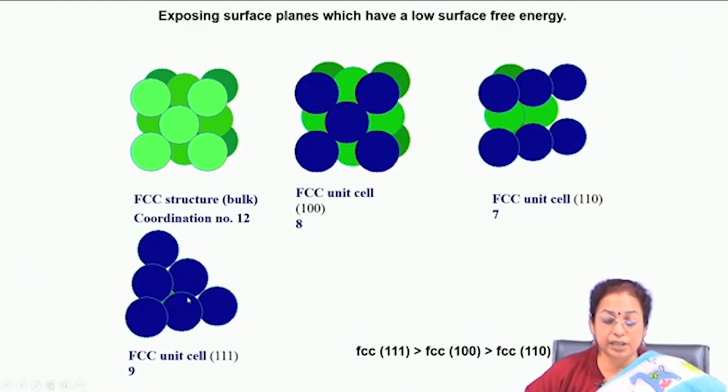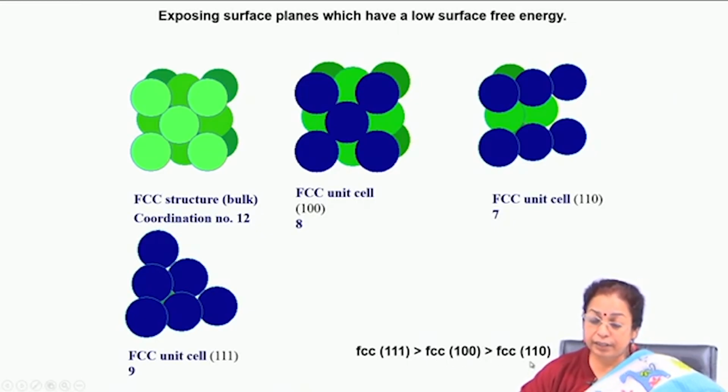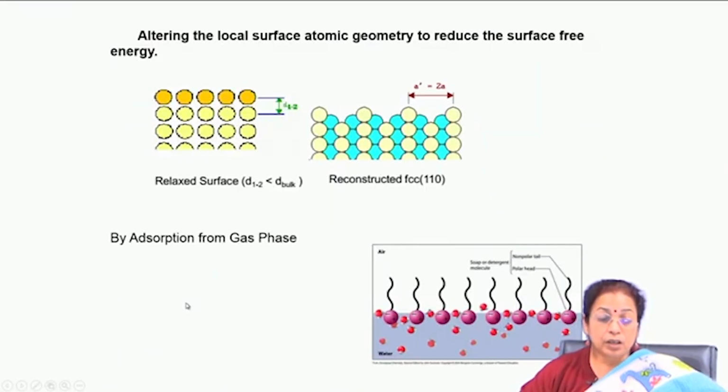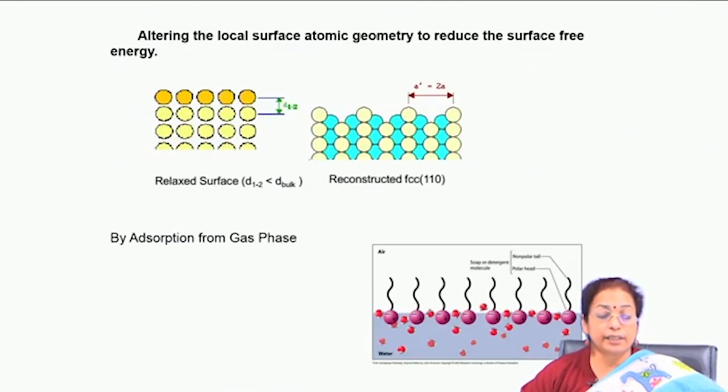So, if you categorize the surface energy in ascending order, you will find that the FCC 111 plane has the lowest energy compared to FCC 100 or FCC 110. So, you can say that this particular plane is most favorable in terms of minimum free energy. So, you can understand that depending on the plane along which the surface is created, the surface energy will vary.